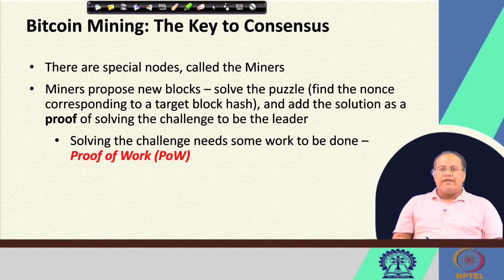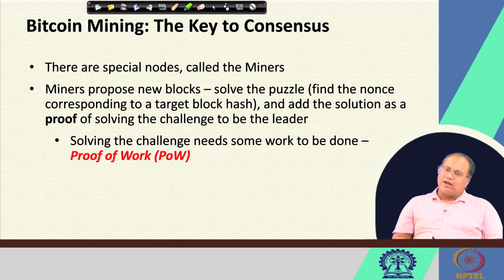Mining involves a set of special nodes in the Bitcoin network, termed miners. What is the task of the miner? The task of the miners is to propose new blocks for the blockchain. Every block contains a set of transactions.